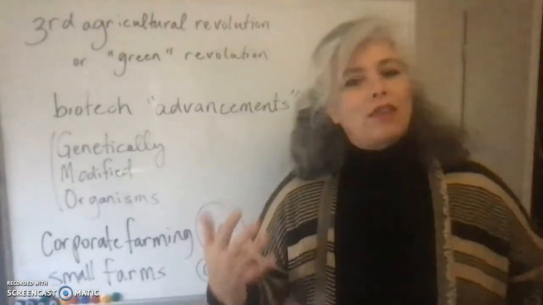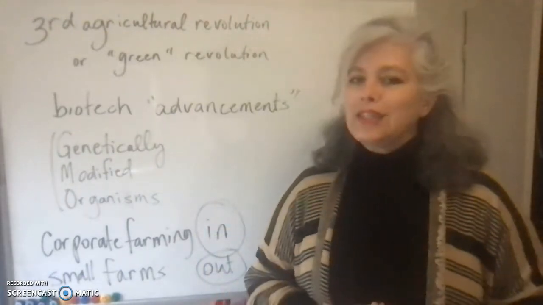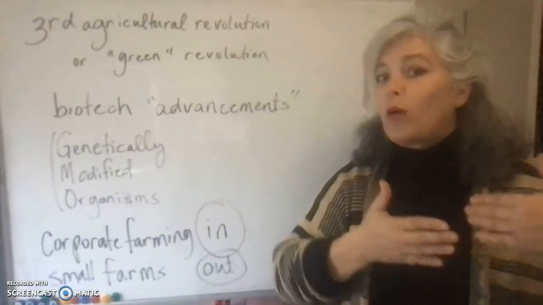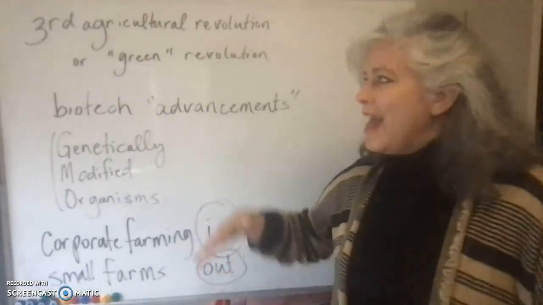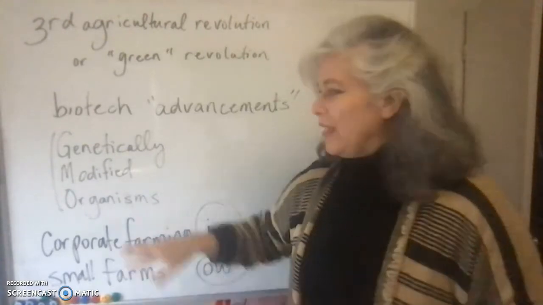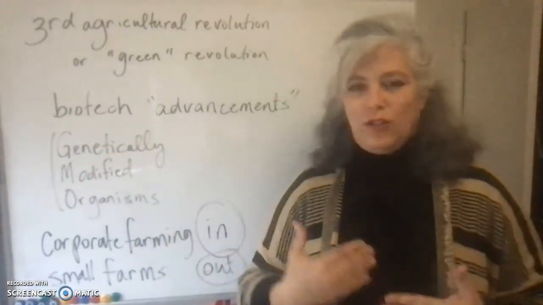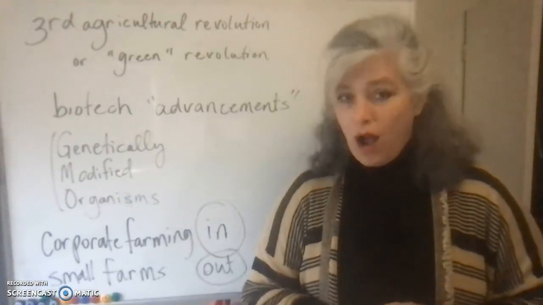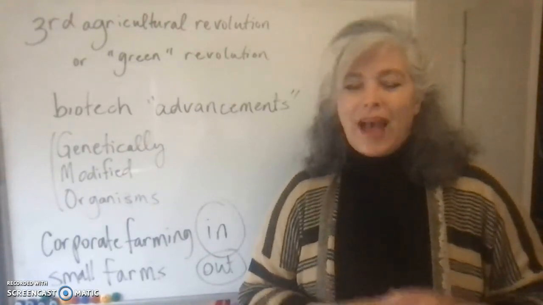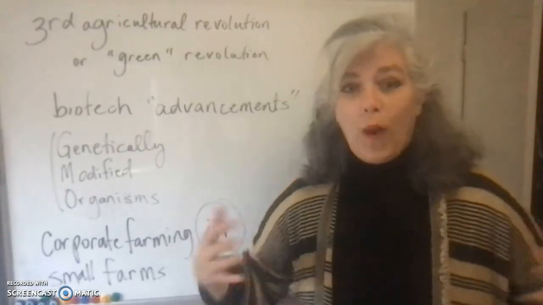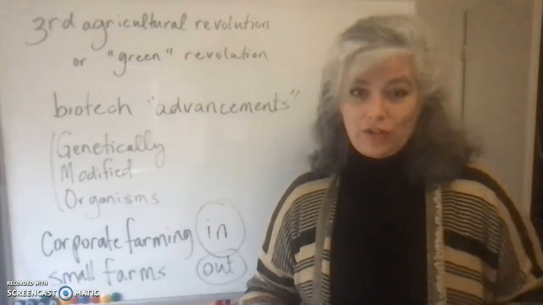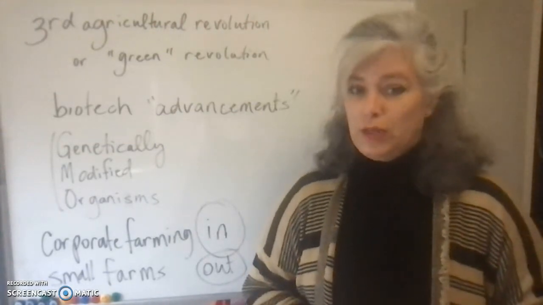So we're going to look at the third agricultural revolution in this unit. I'm also going to bring this up into more modern times because the artificial nature, the genetic modifications that are done to a lot of these crops has not necessarily been well received by everybody over the almost 100 years since the third agricultural revolution began.